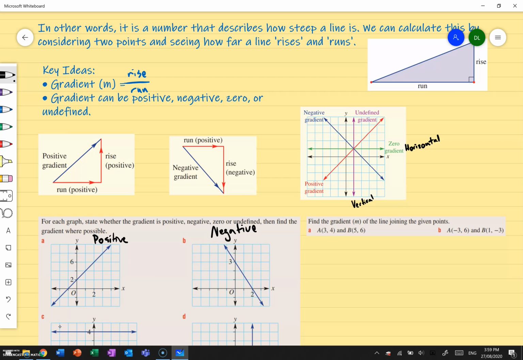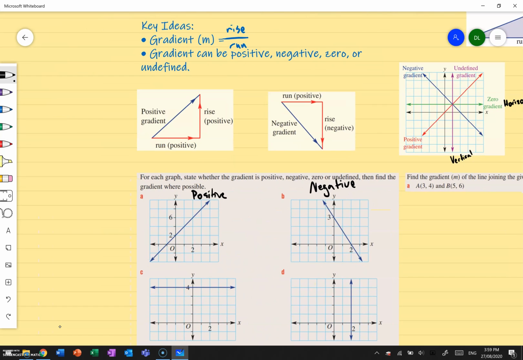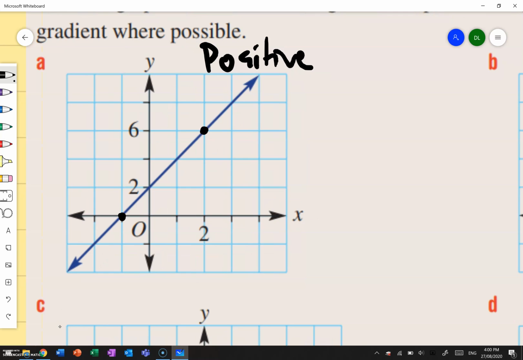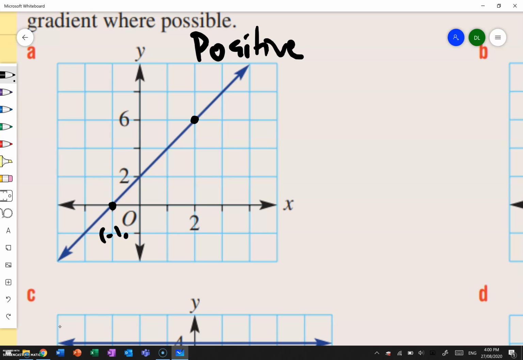Once again, it's rise over run. I'm talking about how far it has risen divided by how far it has run. If I look over here, let's pick 2 points that I know. It doesn't matter which 2 points you pick as long as they're on the line. This one over here is (-1, 0), and this one over here is (2, 6).